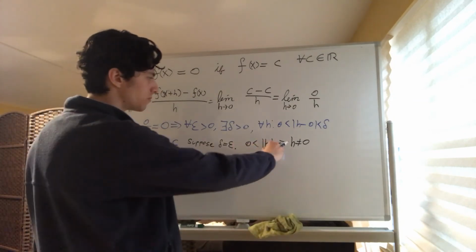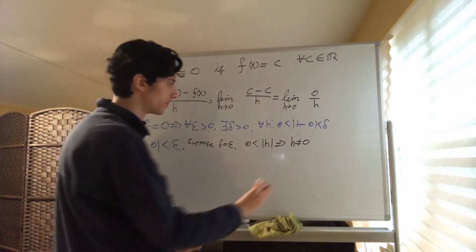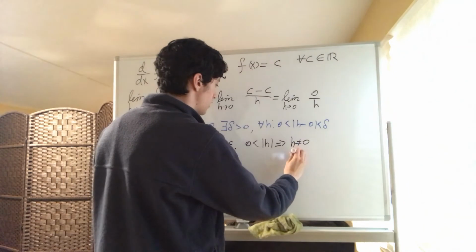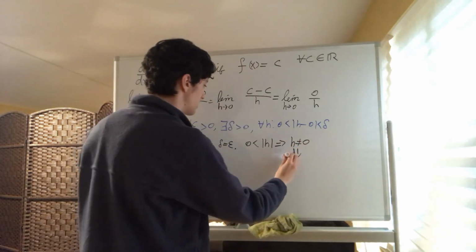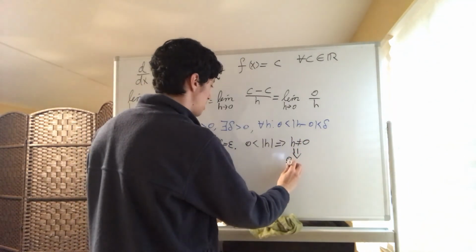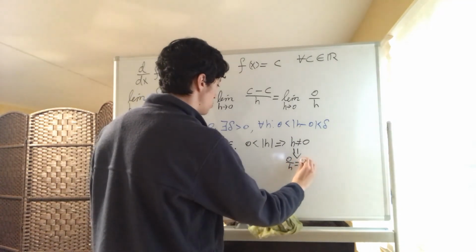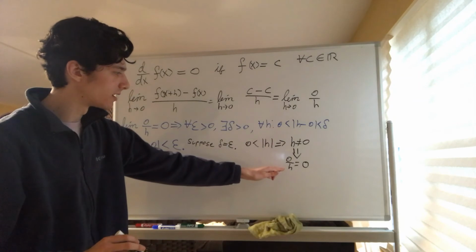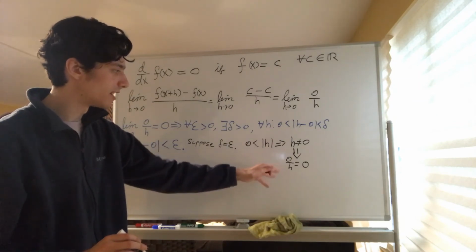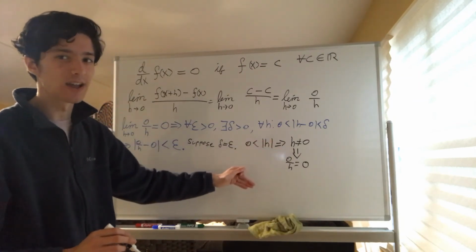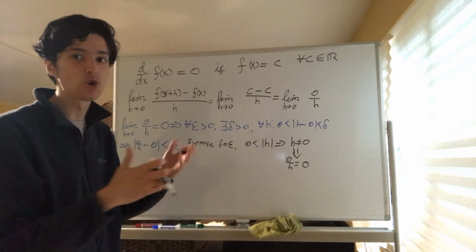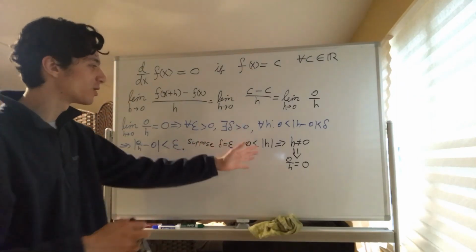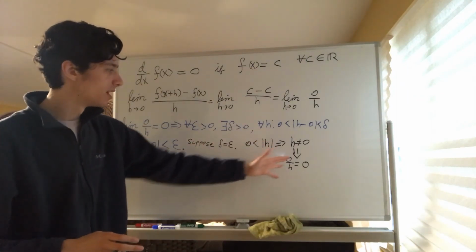However, if h doesn't equal 0, this implies that 0 divided by h is equal to 0, right? Because if h isn't 0, what's in our denominator is not 0. And 0 divided by anything, any real number that could be in a denominator, so 0 divided by anything that isn't 0 must be 0.